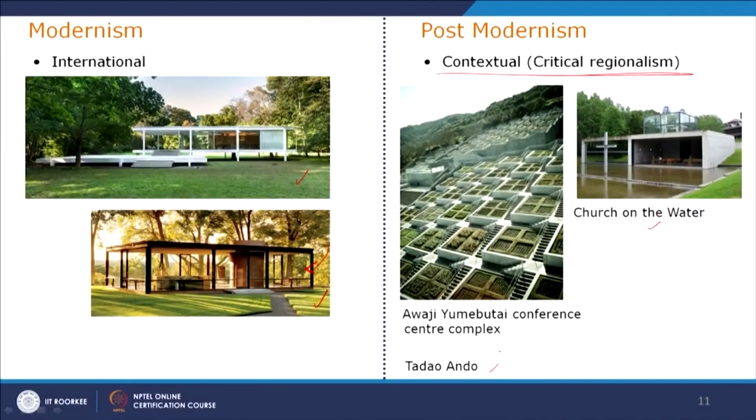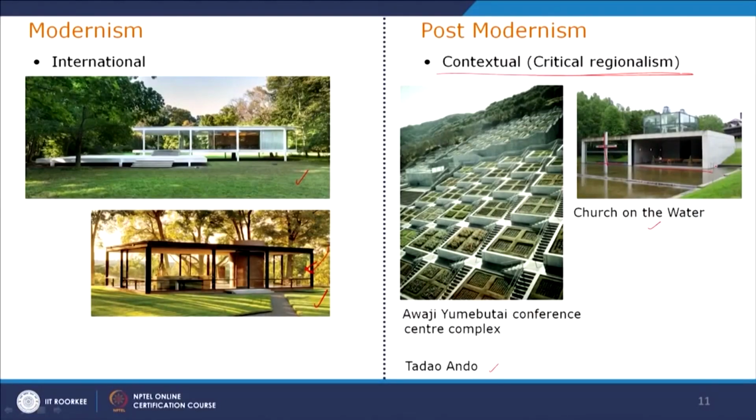And also the way Le Corbusier translated context in his Chandigarh, as well as in Ahmedabad, and Louis Kahn translated the Saracenic arches into their design, is also contextual. Now the Awaji Yumebutai Conference Center and Church on the Water by Tadao Ando is also a critical regionalist work.